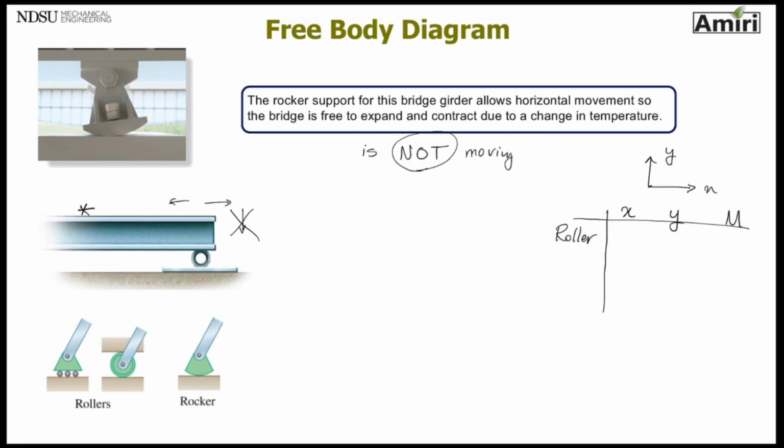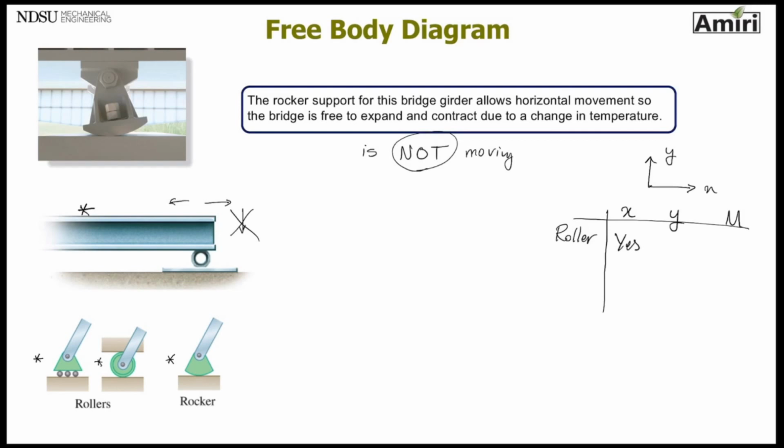If I put my beam on this roller, or any of these three figures, can the beam move in the x direction, to the left or to the right? If this beam is resting on a pipe type of thing, yes, it can move to the left or to the right.